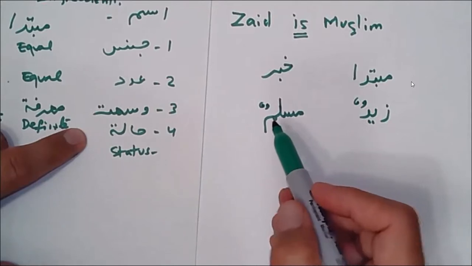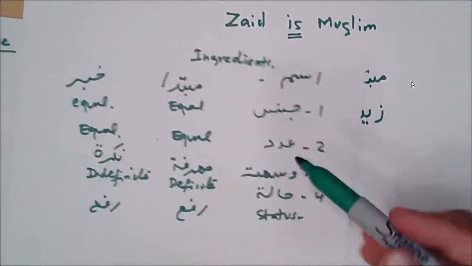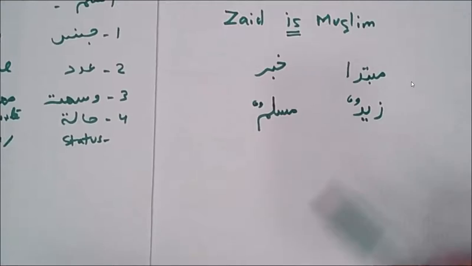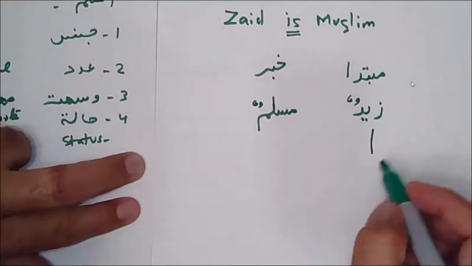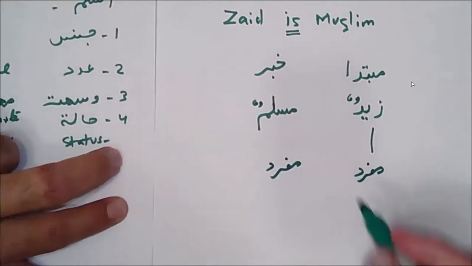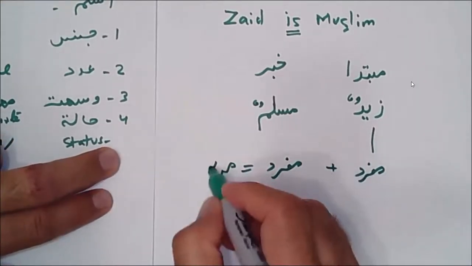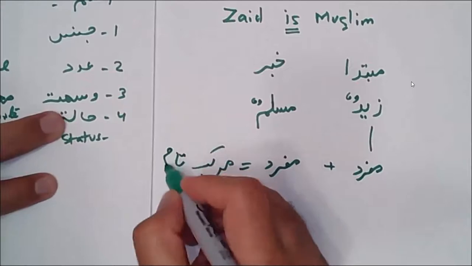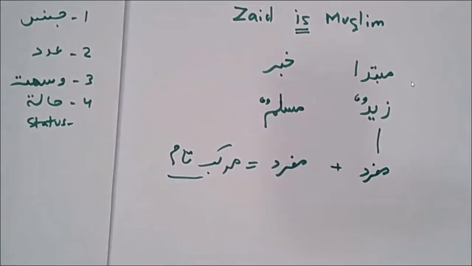Yes, singular. So we applied this recipe to this sentence. Now is Zaid mufrad? Yes. And Muslim is mufrad. So mufrad plus mufrad is murakkab. Since it's a complete sentence, what kind of murakkab is it? Murakkab tam, mashallah.